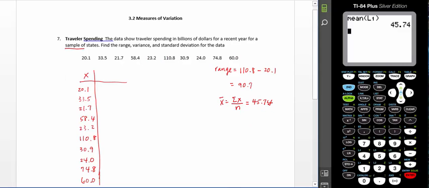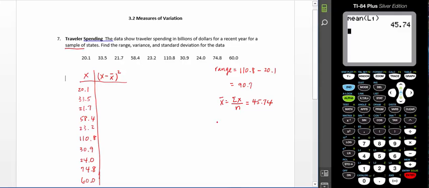Alright. Standard deviation is the square root of the variance, and we're going to have to get to variance first. Standard deviation measures how far numbers are away from the mean, typically, in your data set. So we're going to take each number minus the sample mean, and then we're going to square those deviations.